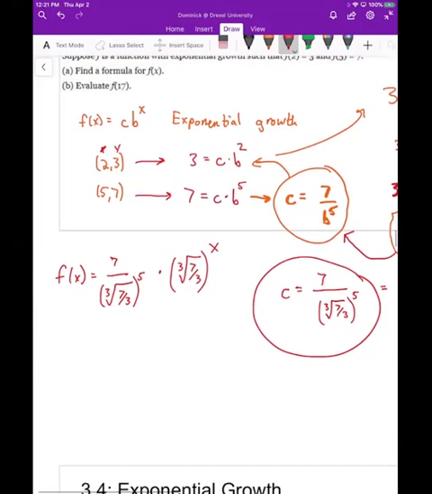And of course, part B says to find f of 17, and that would just be plugging in 17 for x, so you get 7 over the cube root of 7 over 3 to the 5th, times the cube root of 7 over 3, to the 17th.